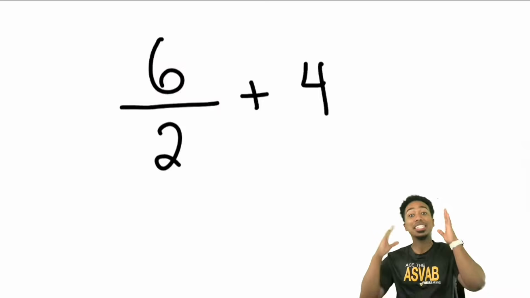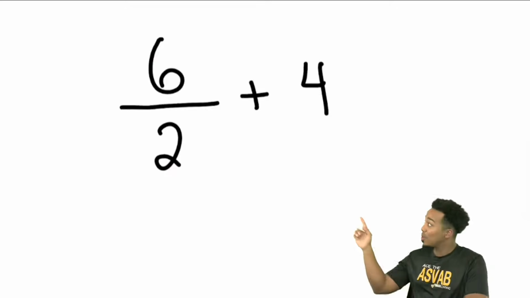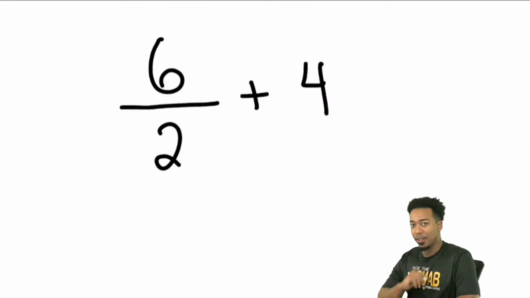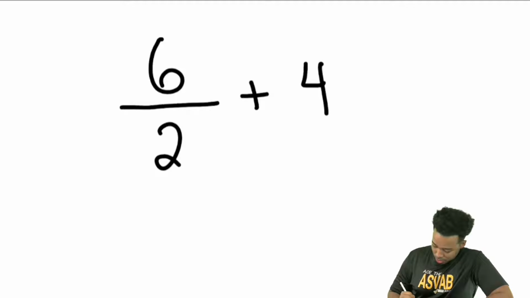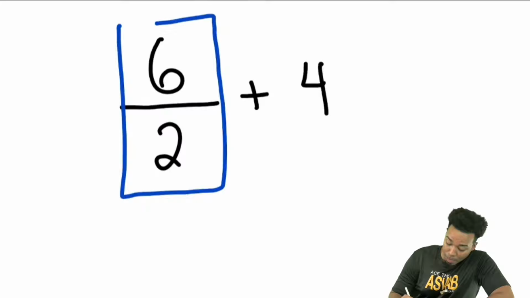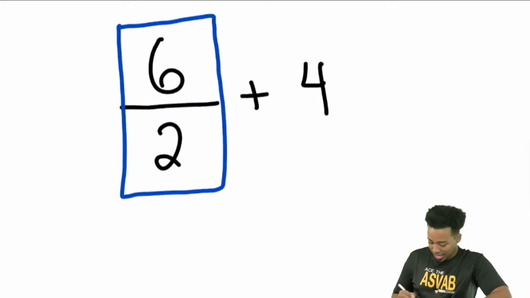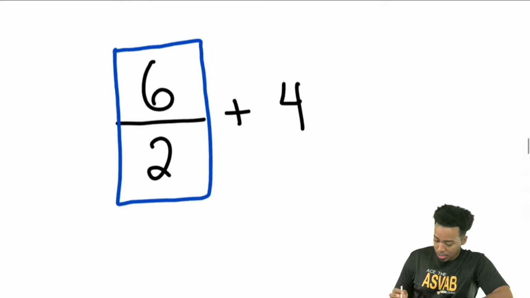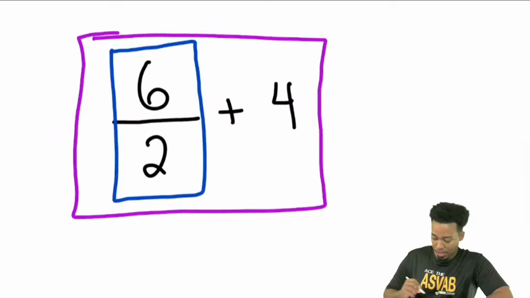Notice, same exact numbers, same exact operations, but we tweaked it just enough to give us a different order. Here we have 6 divided by 2 first, because that fraction is by itself. Then whatever the result of that is, after that we add 4 at the end.